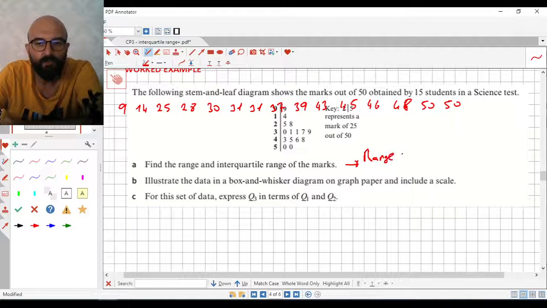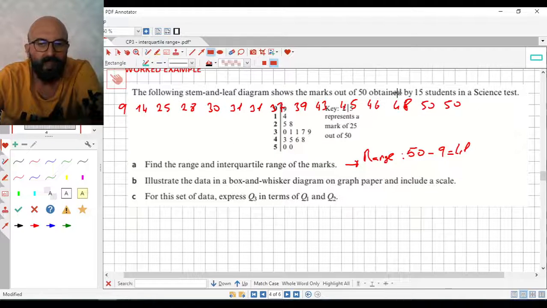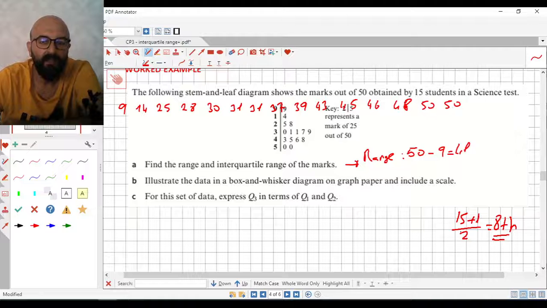Our range is the biggest data minus the smallest data, 41. For the quartiles, we have 15 data, so 15 plus 1 over 2, the eighth data is the median. This is the median, and we have 7 data here and other 7 data here.